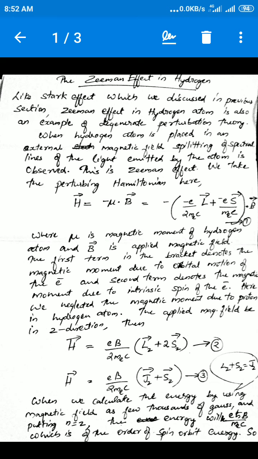We have substituted n as 2; that is why it becomes e h cut B by me c.